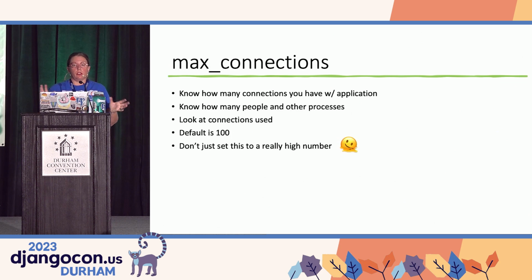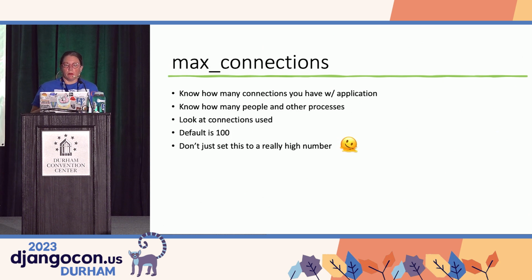The key there is to make sure that however your application server is connecting to the database, you haven't overcommitted connections. If you've got 4 web servers and they each have 50 connections to the database, and you left your default at 100, that means half the time the connections are going to be refused. So you need to keep an eye on your max connections and then look at what you're using. This defaults to 100.